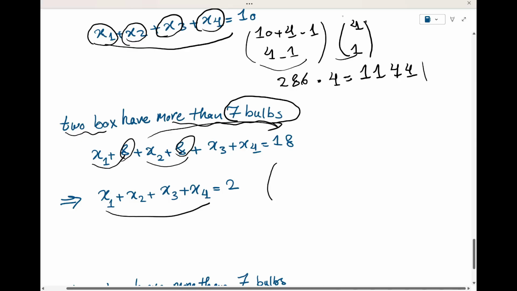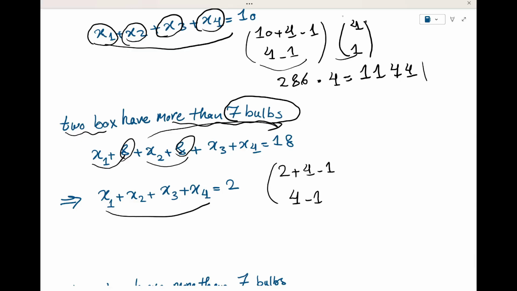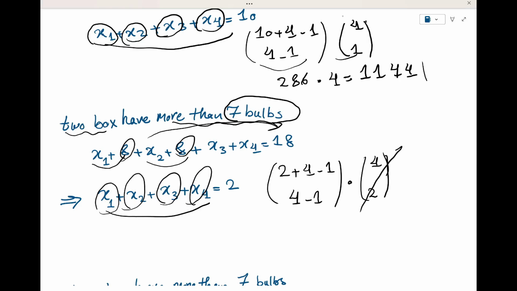Now we have no restriction, it is 2 plus 4 minus 1 over 4 minus 1 times how many choices of variables do we have? Yes, the combination of 2 from 4, that is 6, and that is the combination of 3 from 5, which is 10.